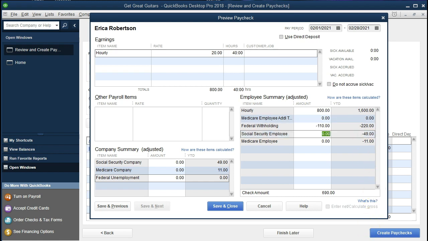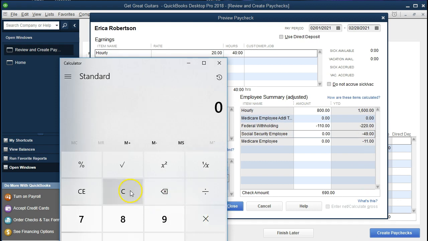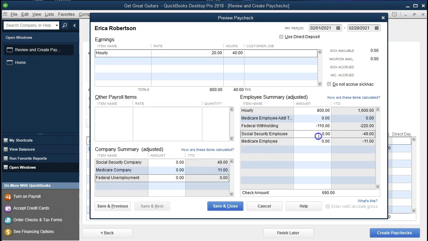And then the Social Security and Medicare, we'll calculate that out this time using this rate. For an example, 800 gross pay times 6.2%, or times 0.062. That'll give us 49.6. So I'm going to put that here, 49 and 60 cents.